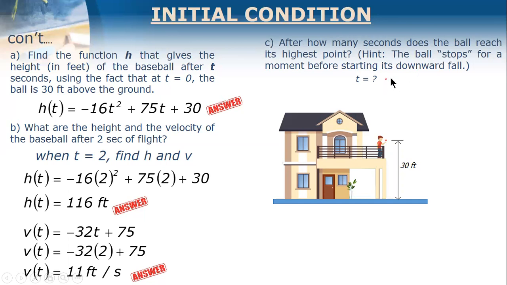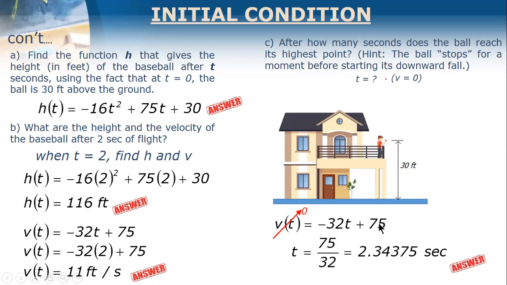With the hint that at the highest point, the ball stops, at the highest point, v is equal to 0. And we can make use of this expression for v. So v as a function of t is equal to negative 32t plus 75. So when the velocity is 0, we can solve for t. So it's 75 over 32 or simply 2.34375 seconds.